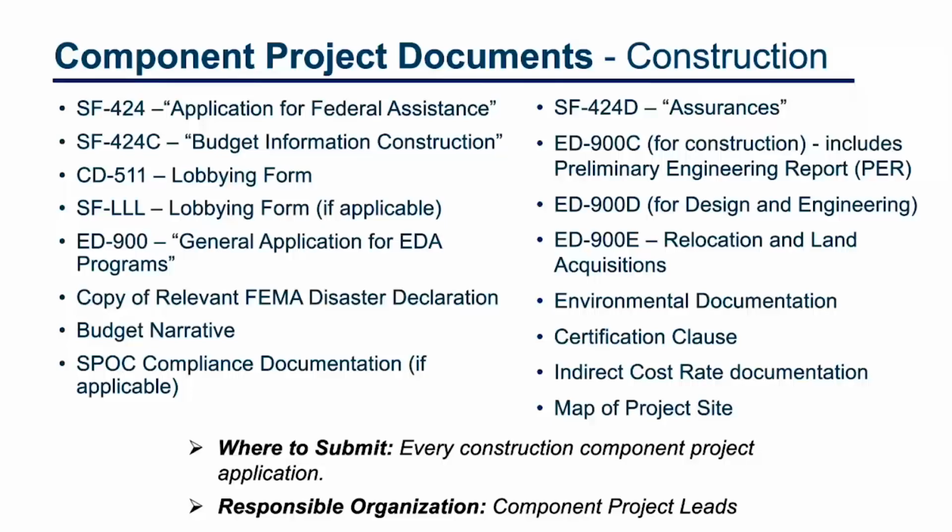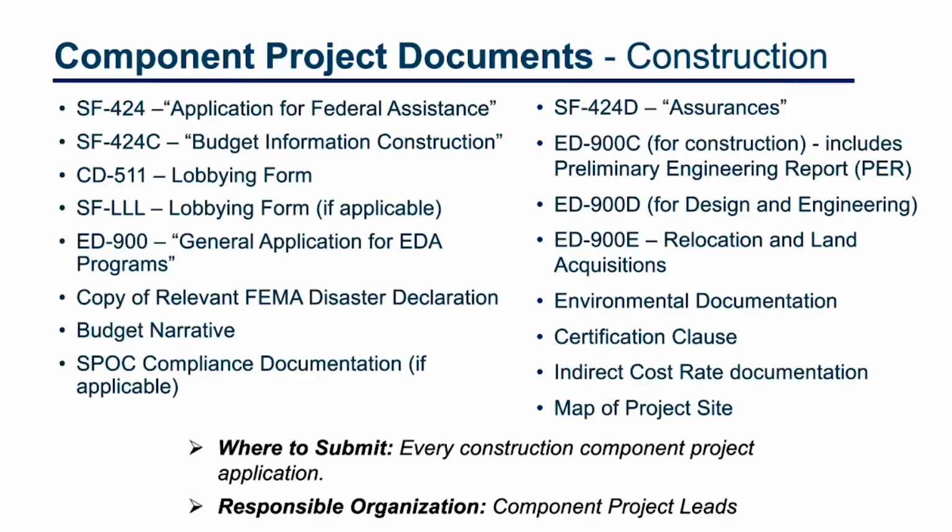And on the right side, you'll see the more construction-heavy forms here, including the SF424D on assurances and the ED 900C for construction. This also includes a preliminary engineering report. There's a subsection in that report for this, so make sure you look at that and understand that it is included in that ED 900C.